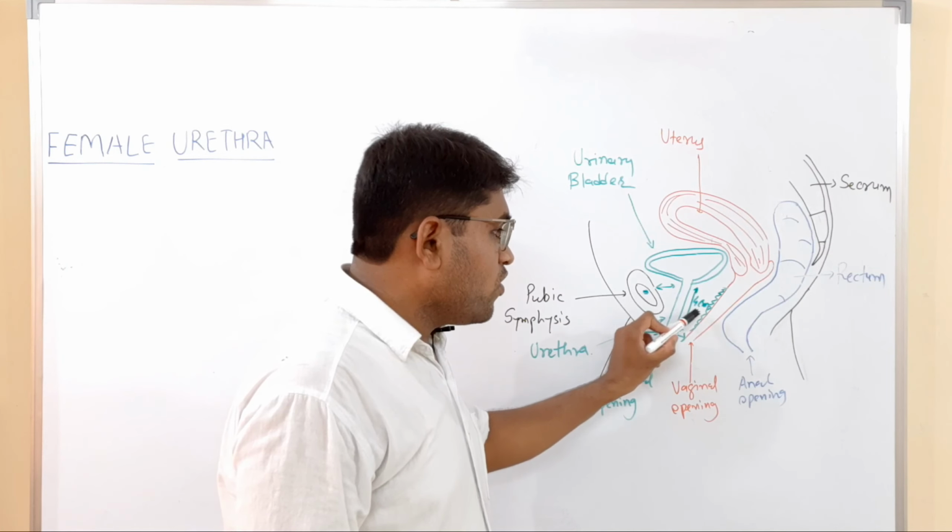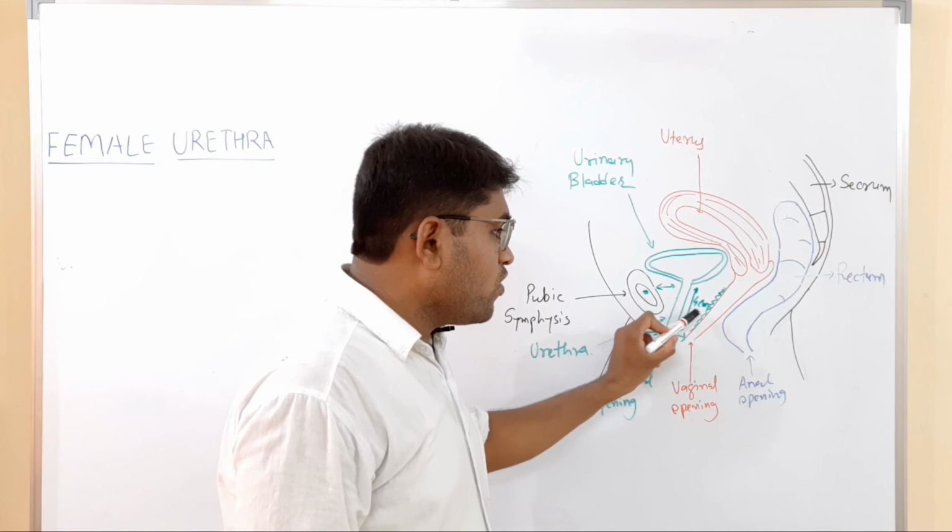Then the urethra has two walls, the anterior and the posterior wall, and both walls have a vertical ridge within them. This vertical ridge present in both walls of the urethra is known as the urethral crest.